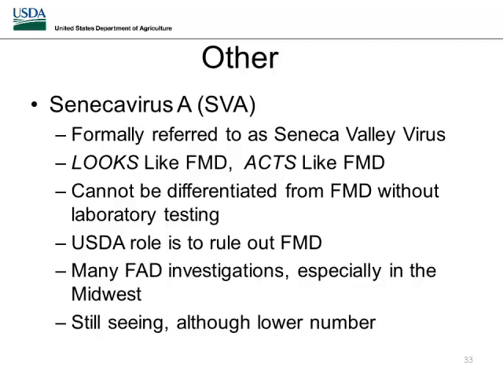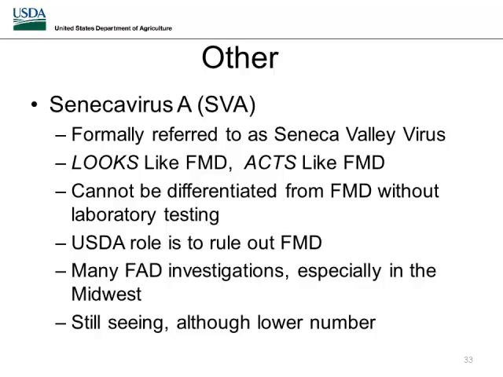We need to stay vigilant and not become complacent and say, oh, that's Seneca Valley. Anytime we see a vesicle or anything that looks like FMD, we need to be reporting that. And our role as USDA is to rule out that it is FMD, and then go from there.